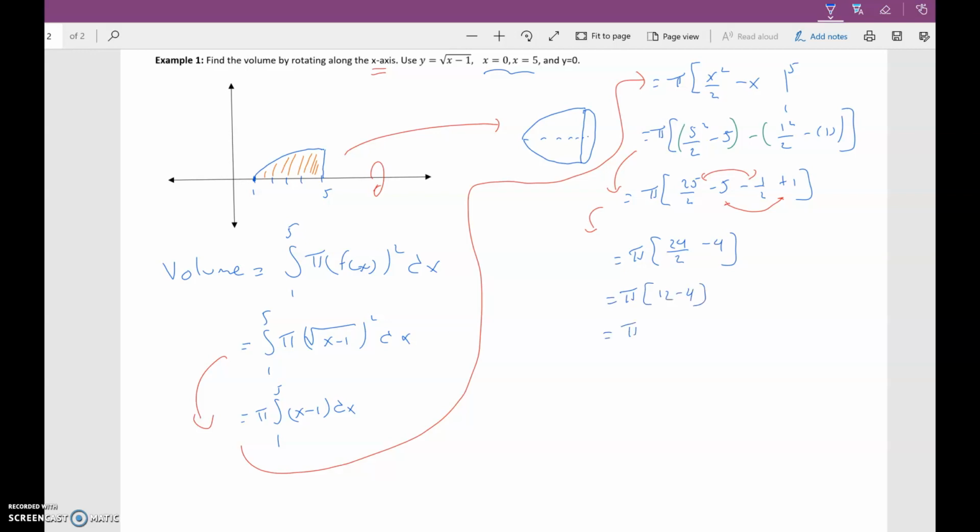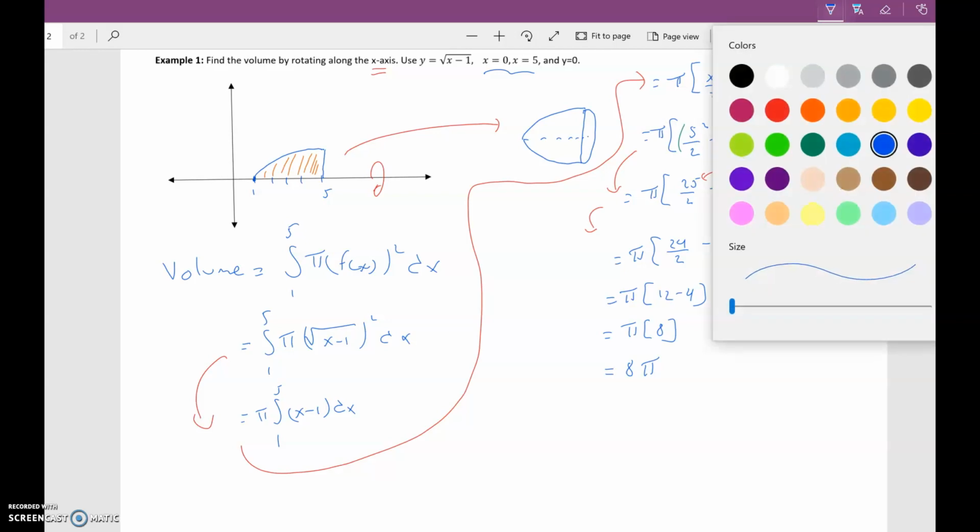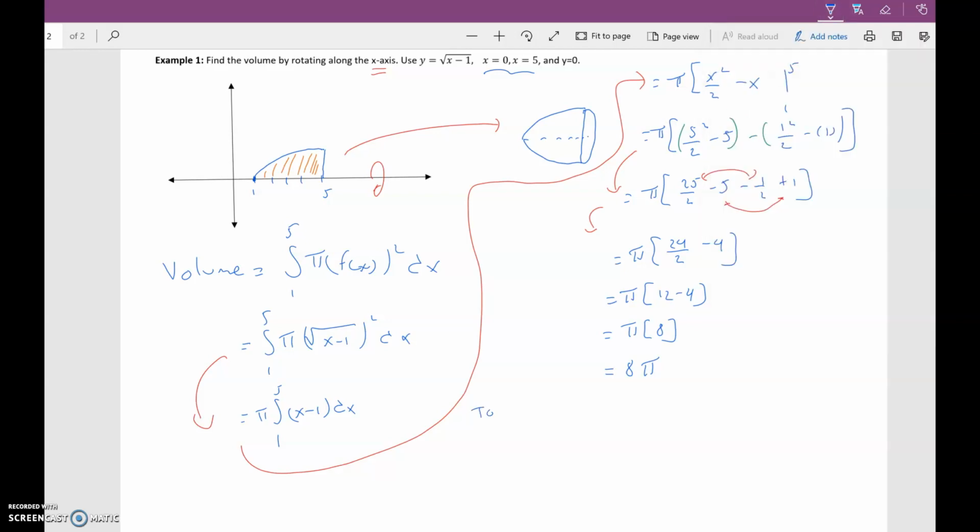This is pi times 8, or 8 pi. So in this case, the total volume is equal to 8 pi. They don't mention units, so I'm just going to say units to the third power. Remember that we're talking about volume. In this case, this will be the final answer.